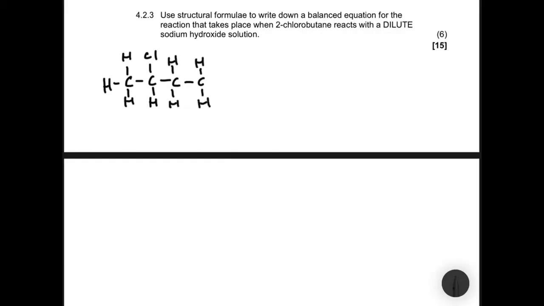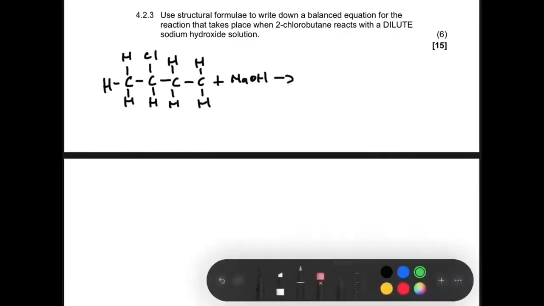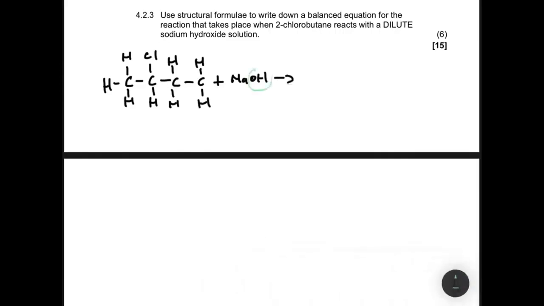So we're saying that we're using dilute sodium hydroxide solution, right? So let's have plus NaOH, right? And this is going to give us, now the substitution happens, right? How does it happen? This OH here is going to replace the halogen Cl, right?